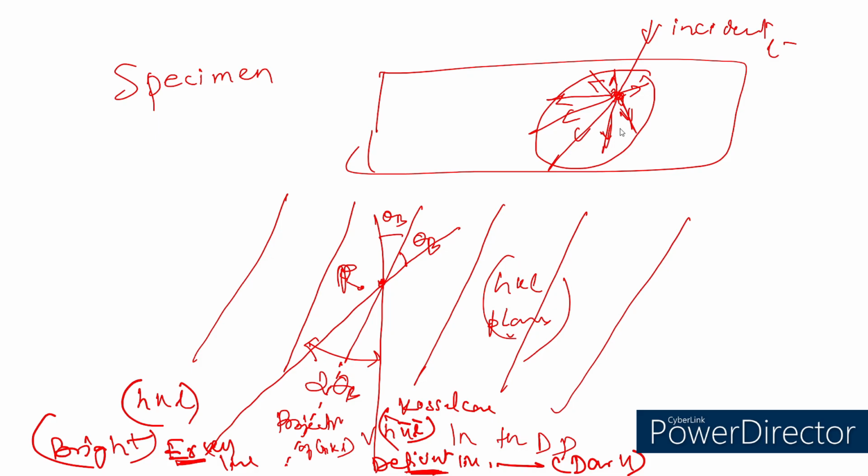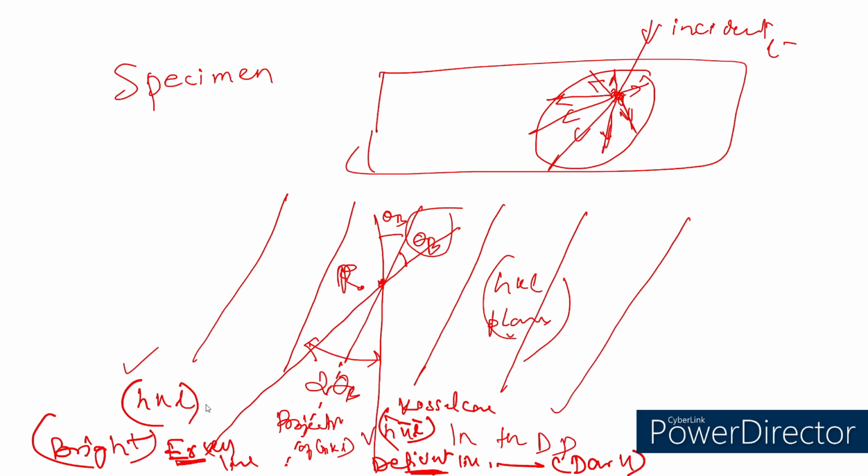So some of these electrons will travel at an angle theta b to the HKL plane, and then they are Bragg diffracted by the specific planes.